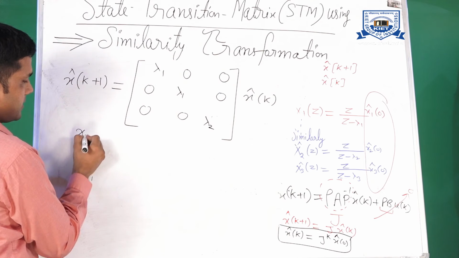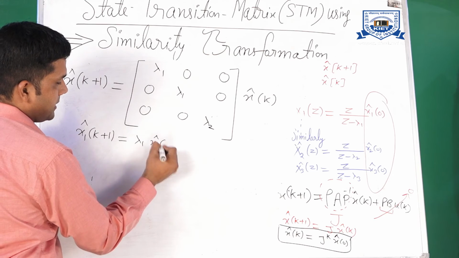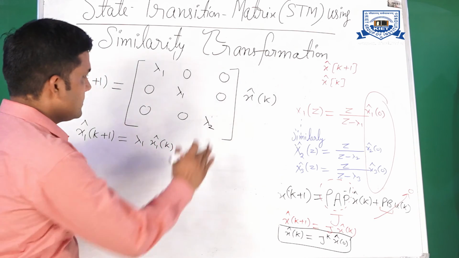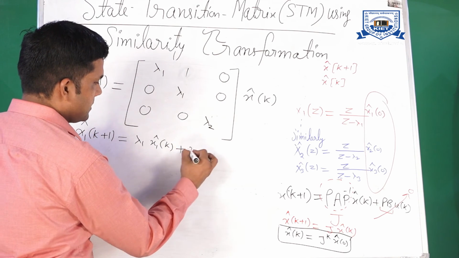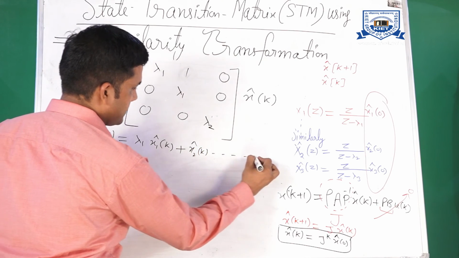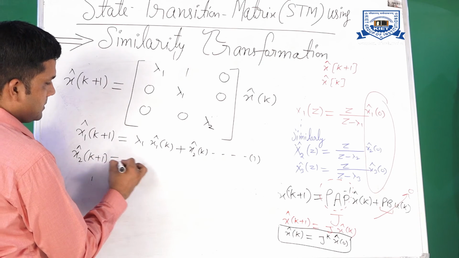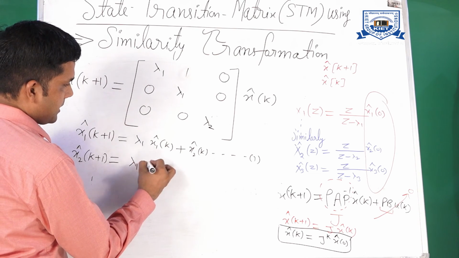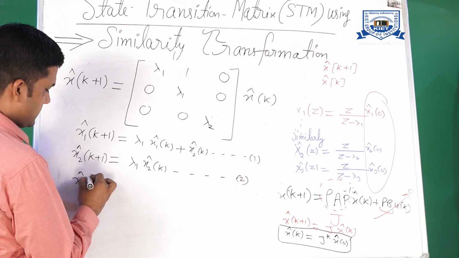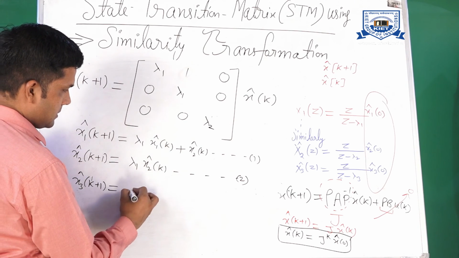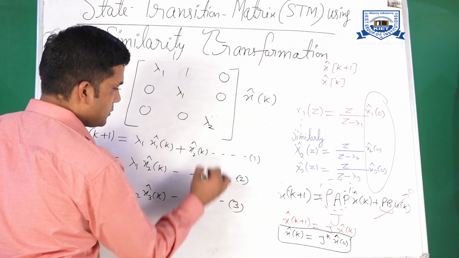First equation is x1 cap k plus 1 is equal to lambda 1 x1 cap k, and here 1 also comes, plus x2 cap k. Second equation will be x2 k plus 1 is equal to lambda 1 x2 k. Third equation, x3 k plus 1 is equal to lambda 2 x3 k.